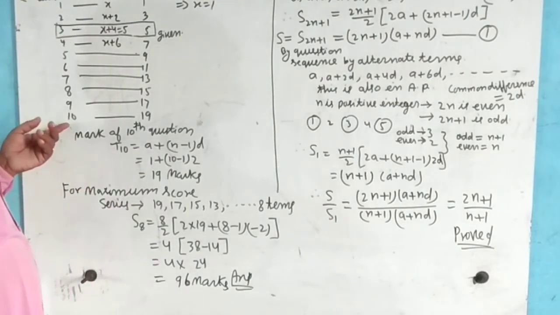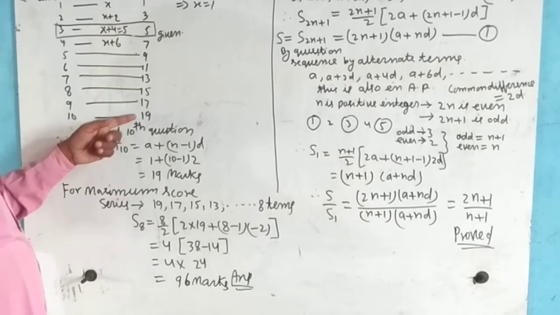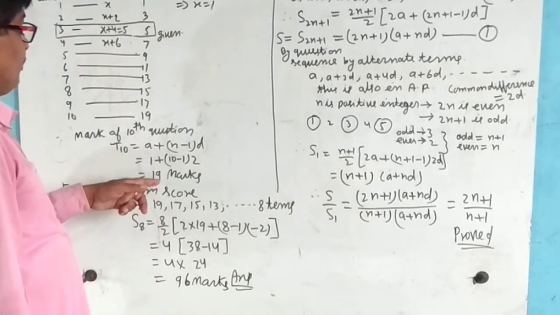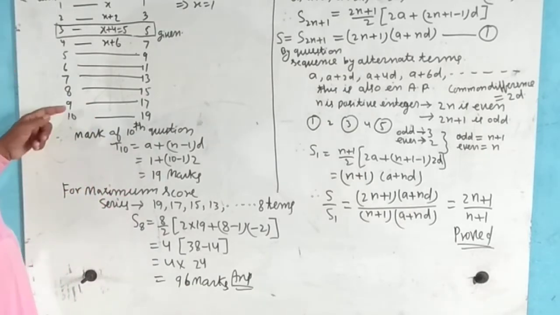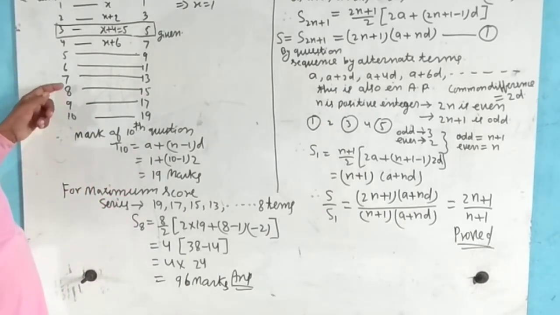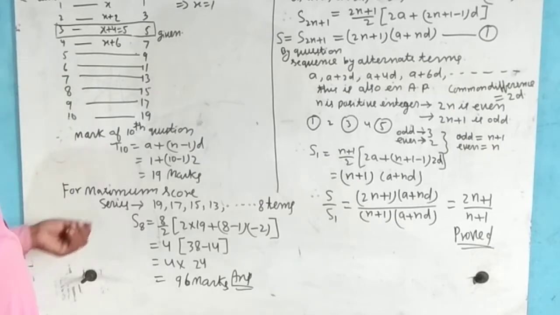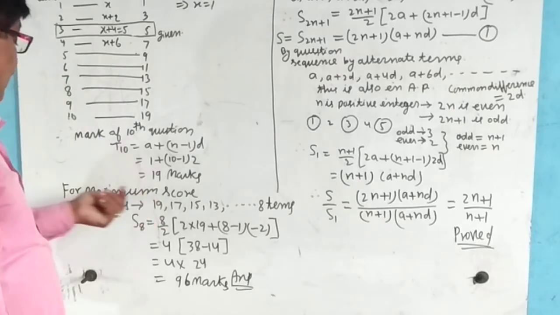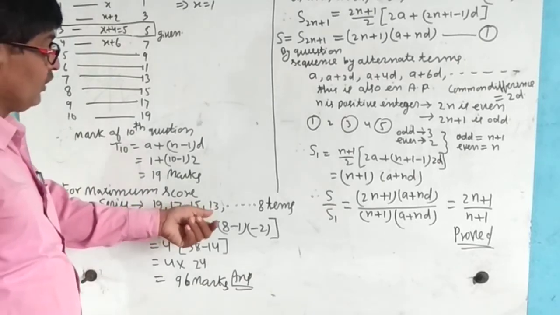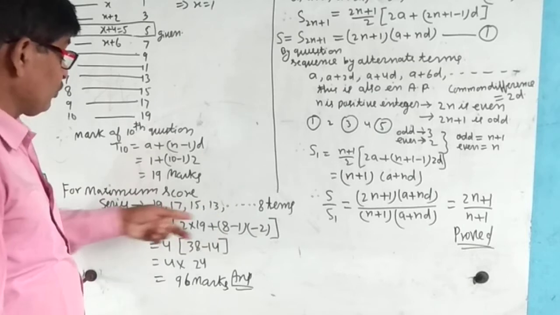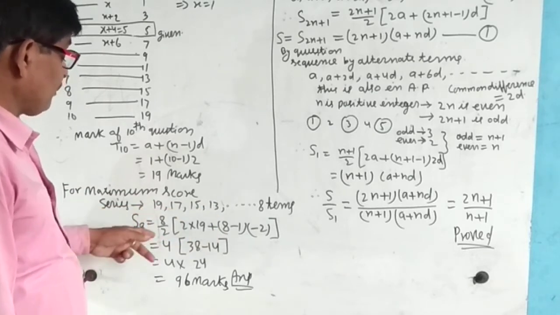So the 10th question is 19 marks, and the student attempts questions number 10, 9, 8, 7, 6, 5, 4, 3, so the maximum score series is 19, 17, 15, 13, for 8 questions.